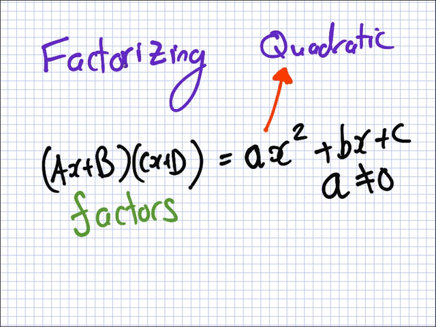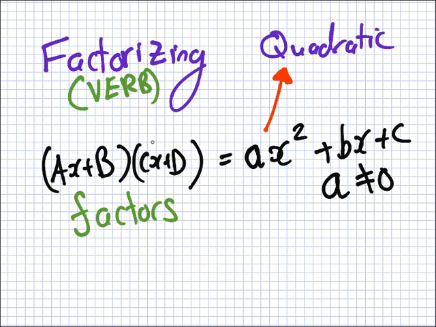So factorizing is a verb. What do you think the verb means? Yeah, to get the factors, exactly. To factorize means to get the factors, which is what we're going to have a look at in the first class.